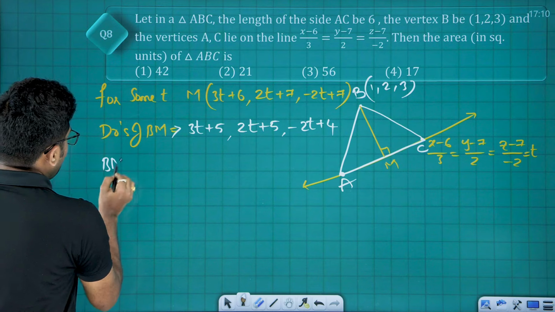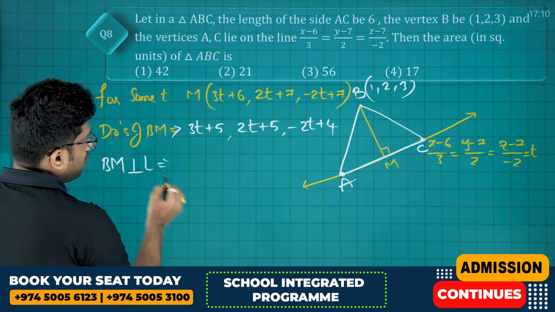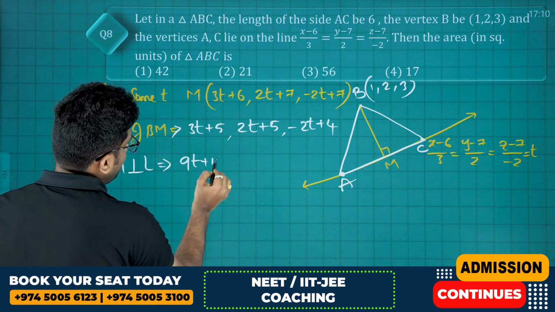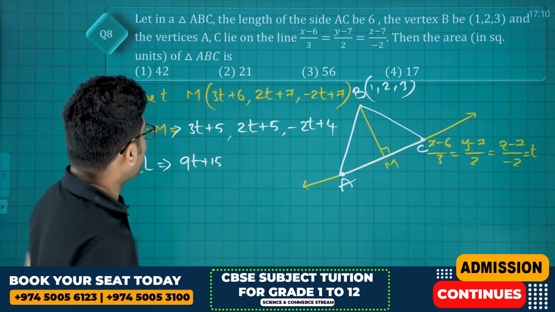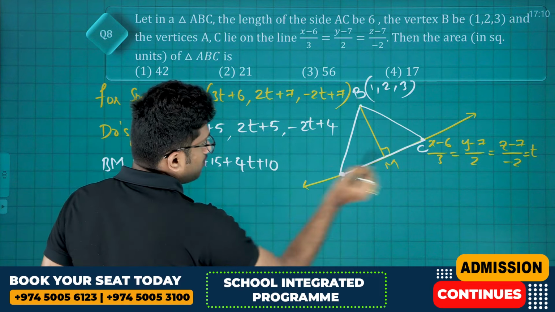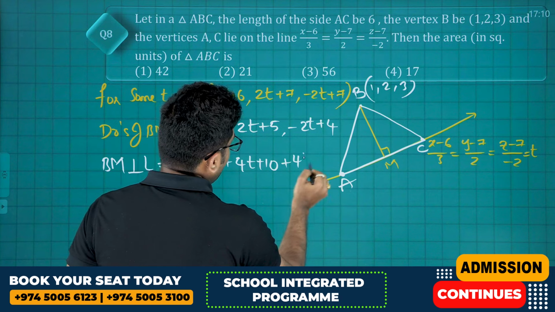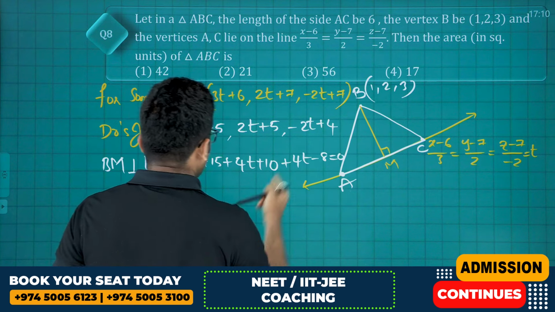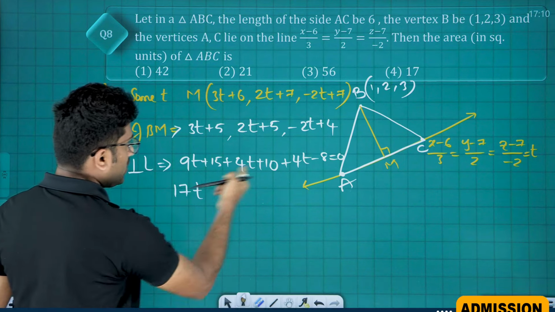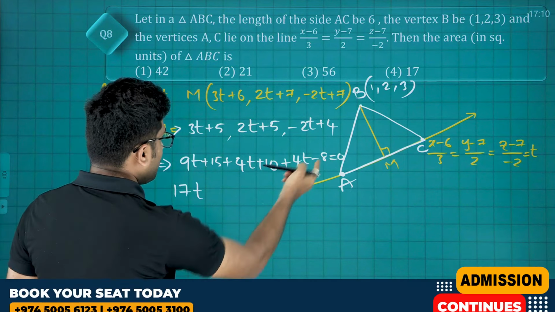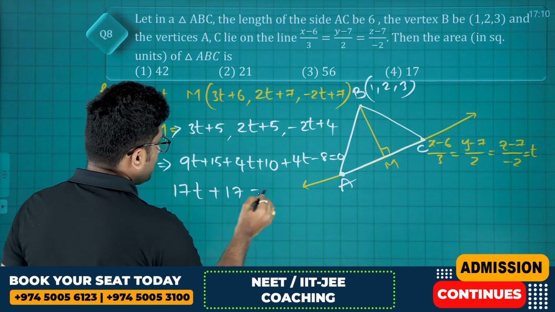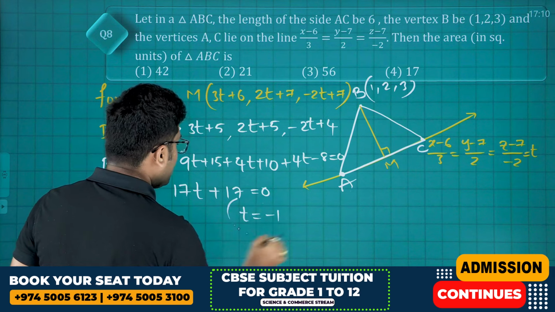BM perpendicular to L, which implies 3 into this, 3 3s are 9T plus 15, 2 times 2T is 4T plus 10, minus 2 into minus 2T plus 4 is 4T minus 8, is equal to 0. 9 plus 4 plus 4 is 17T, 15 plus 10 minus 8 is 17, so 17T plus 17 is equal to 0. Clearly T is minus 1.